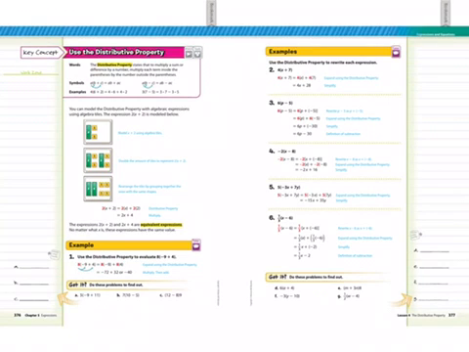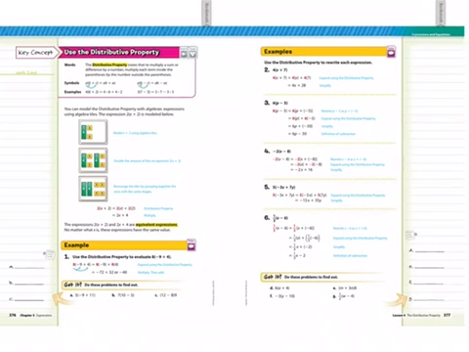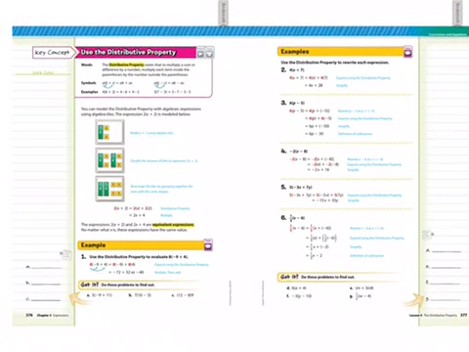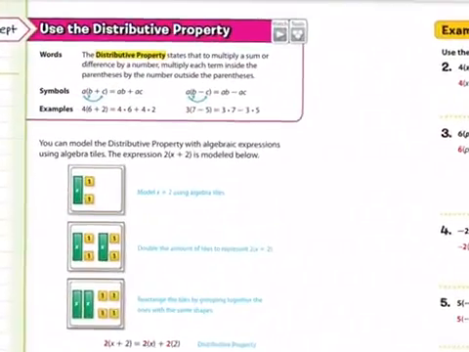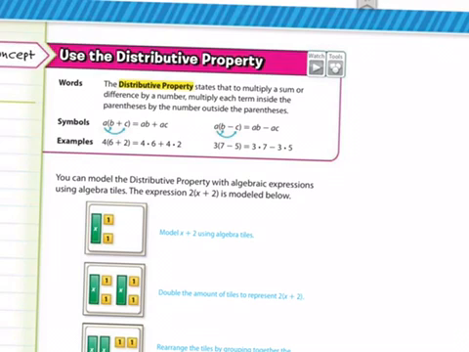In our second example, we go over the definition of the distributive property. As you see, the distributive property states that to multiply a sum or a difference by a number, multiply each term inside the parentheses by the number outside the parentheses. And it gives us an example.